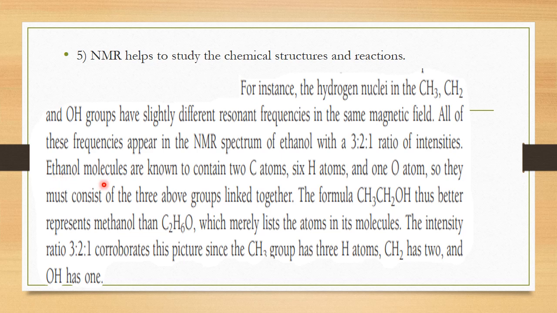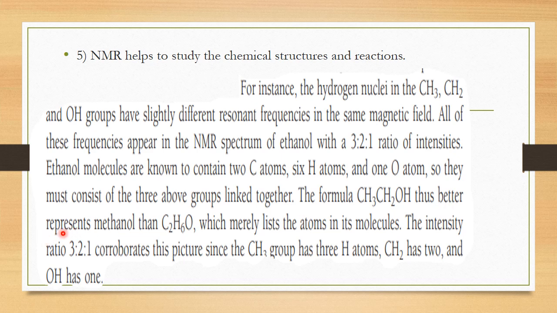Now, ethanol molecules are known to contain 2 carbon atoms, 6 hydrogen atoms and 1 oxygen atom. So they must consist of the 3 above groups linked together. So the formula can be written as CH3CH2OH.